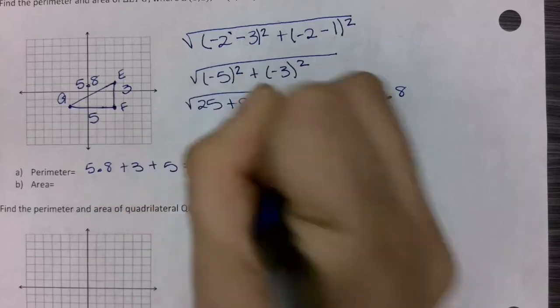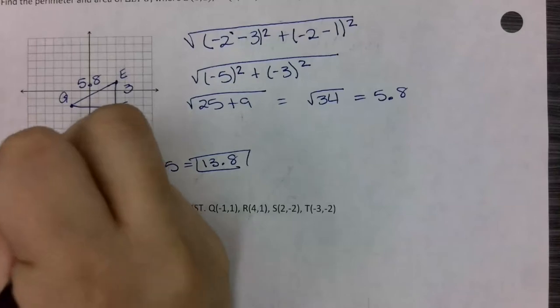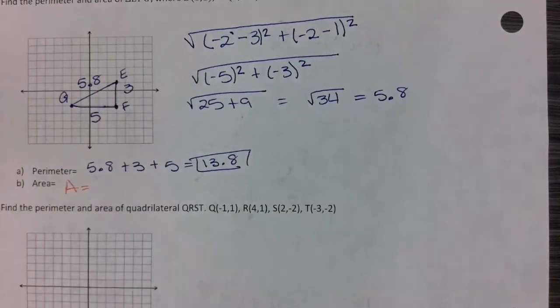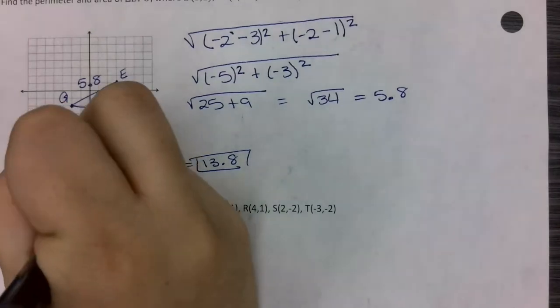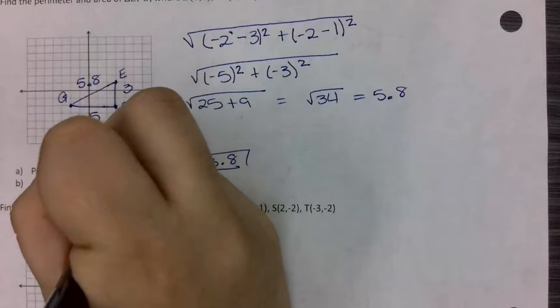Just in case I forgot, what's the area of a triangle formula? One half base times height.